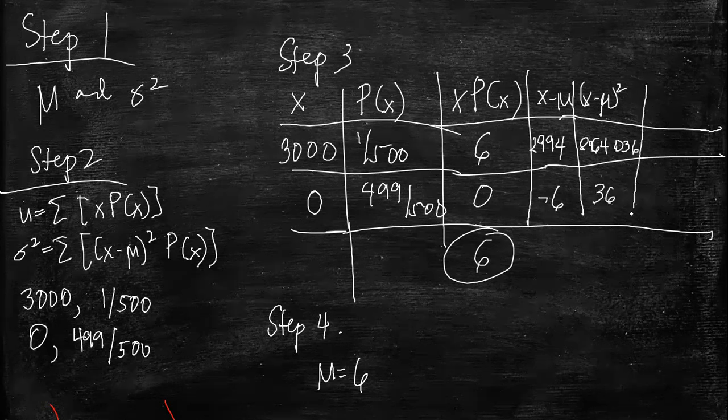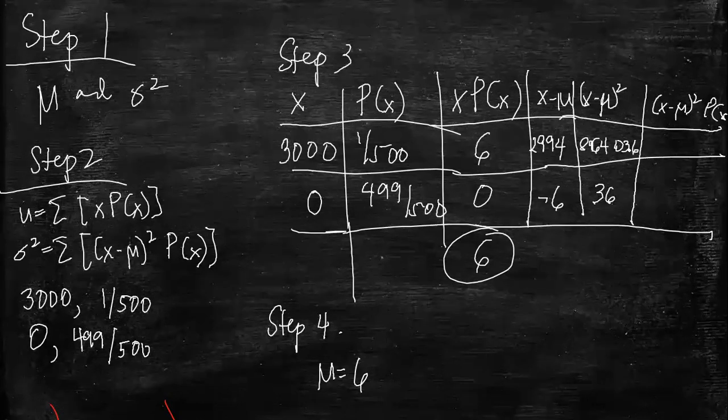Okay, multiply sa ating probability. Ay, nawala na yung tinta. Oh my God. Wala na. O yan. Okay, so 8,964,036 times 1 over 500.